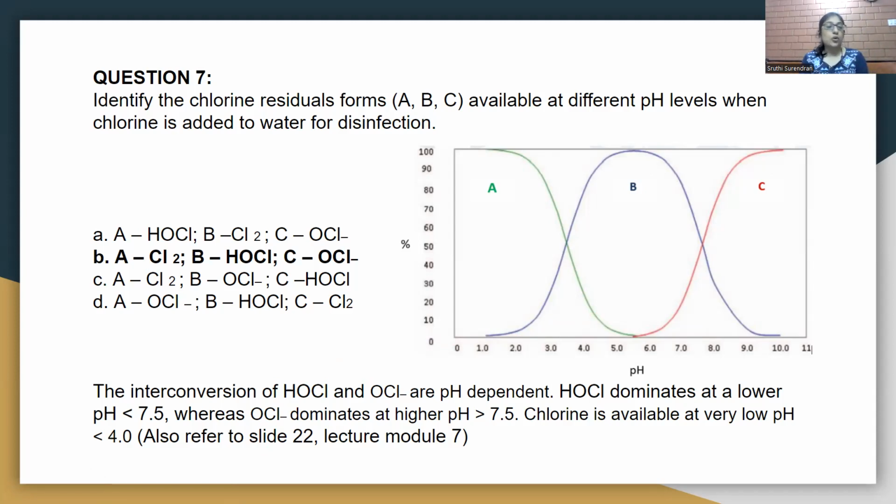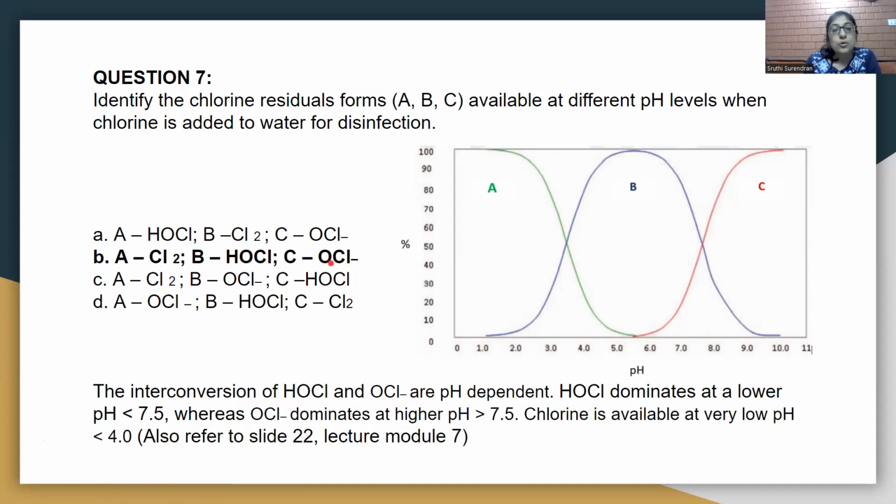Majorly, hypochlorous acid and hypochlorite ion are the major compounds when you pass chlorine into water. It is hypochlorous acid and hypochlorite ion that accomplish the disinfection. Hypochlorous acid is the most powerful of the free available chlorine. If you compare hypochlorous acid, OCl minus and Cl2, hypochlorous acid has the highest strength in disinfection.